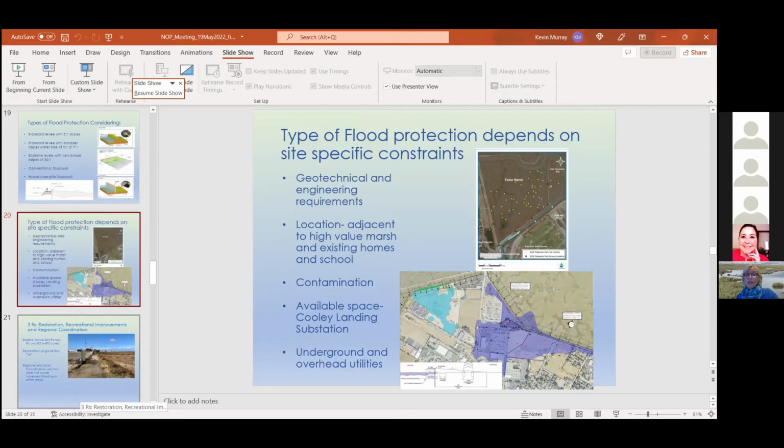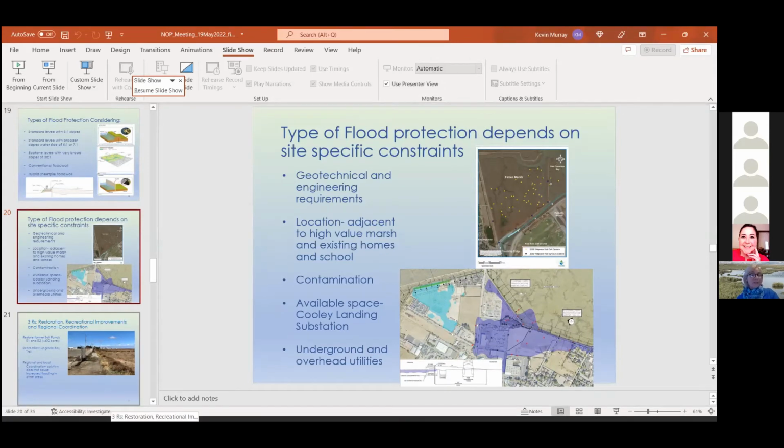This was done in 2022 as part of our O&M for our project. The bottom picture is showing some constraints, the contamination in the area. And then in this part, there's a PG&E substation, Cooley Landing, where it's just a pinch point where we know that we will have to install a flood wall. So then, next slide.